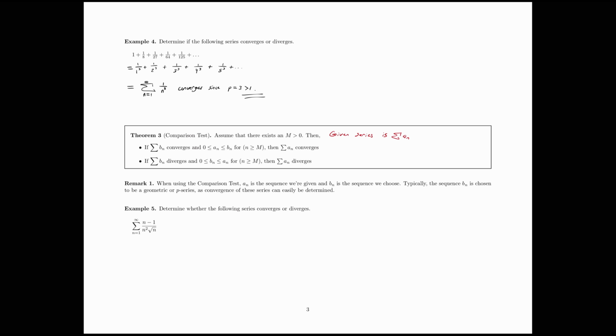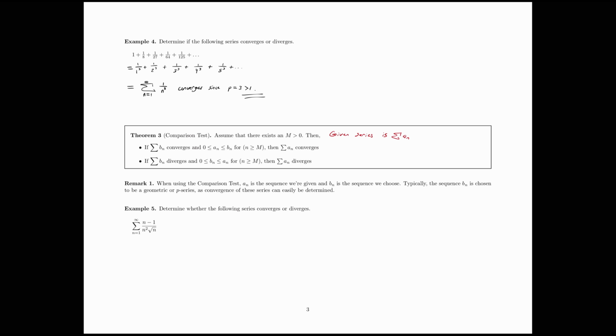No. Is it telescoping? No. Is it a p-series? No. Geometric, telescoping, and p-series are series that we can figure out whether or not they converge fairly quickly. Geometric and p-series extremely quickly. Telescoping does take some work, but we can figure it out.